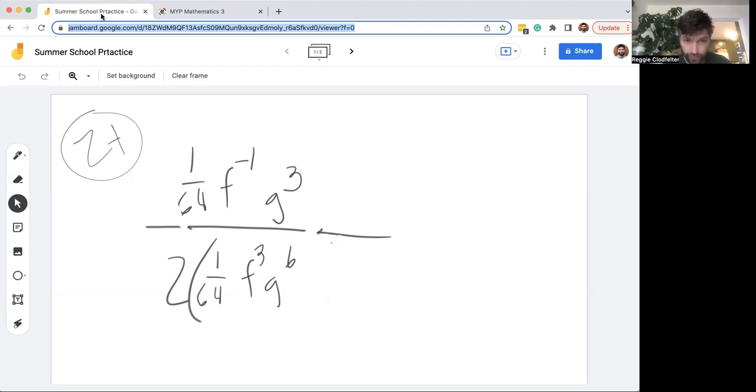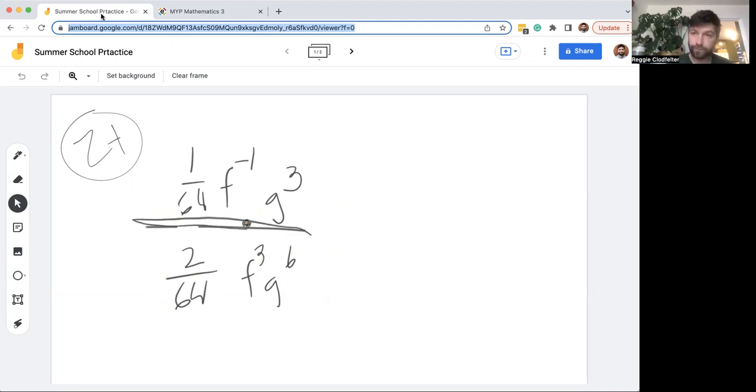And then I've got a 2 here. So it all multiplies. It's 2 times all of that. But what's 2 times 1/64? It is 2/64. Okay. So now, first thing you might be wondering is, what in the heck do I do with 1/64 divided by 2/64?